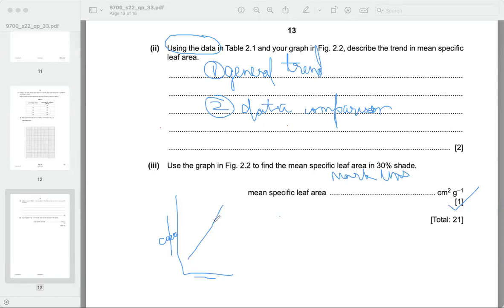Now we have to find the mean specific area in 30% shade. So we pick up the 30% value, extrapolate on this, and join here. Please do not do an interpretation orally or just by looking at the graph. Make sure you mark the points on the graph and only then give the value. If you give the value and have not marked it on the graph, you will not get this 1 mark.